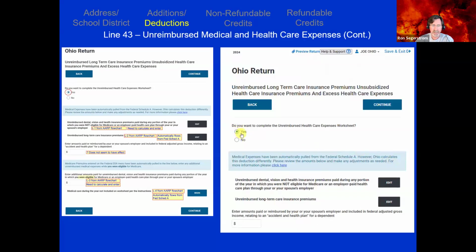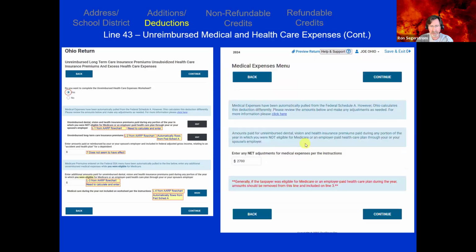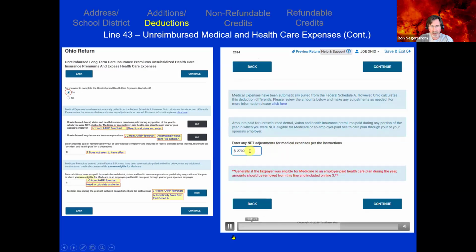Make sure this is selected as yes. And then for the ACA insurance portion, select that. There's just a single block where you type in the amount and that's it. All of that just flows into that block.